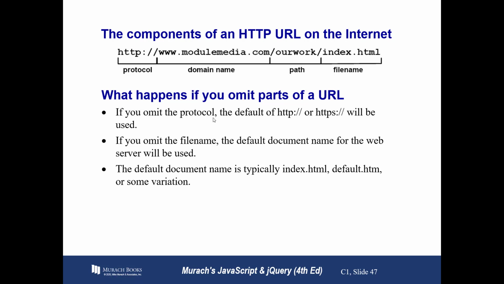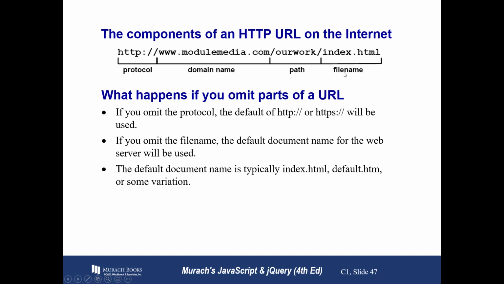The components of a URL: more and more where it says HTTP there, it's being replaced with HTTPS, which is a more secure HTTP. Then you've got your domain name, and optionally you might have a path. And if you have a path, optionally you might have a file name in there. You can have this without a path, which means it's right at the root.